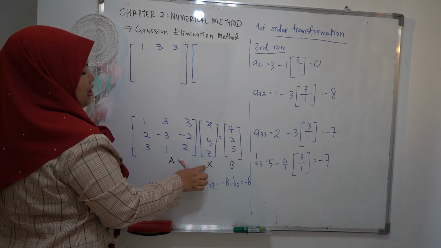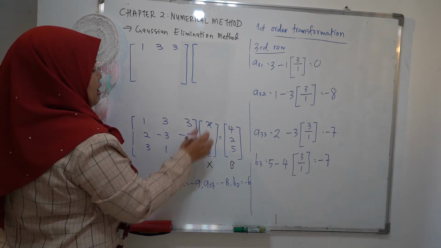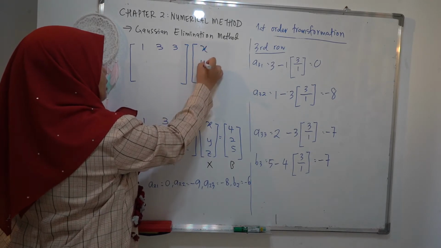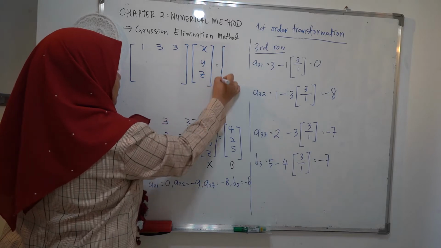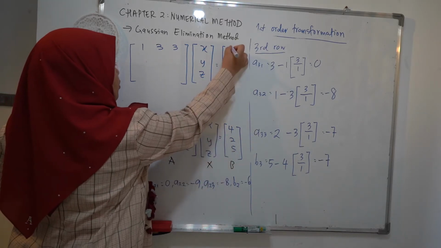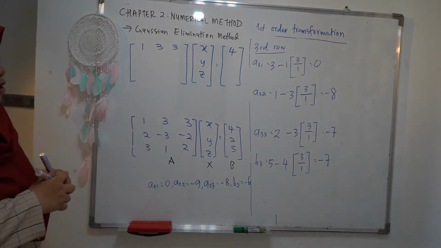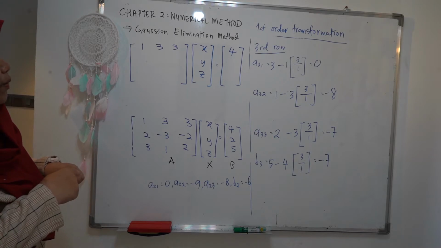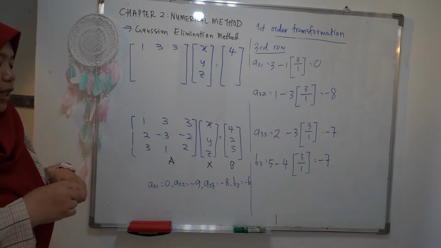The matrix X has no changes, so I just copy and paste. For the matrix B, the first row doesn't change. So I will write the second and third row, the new elements.